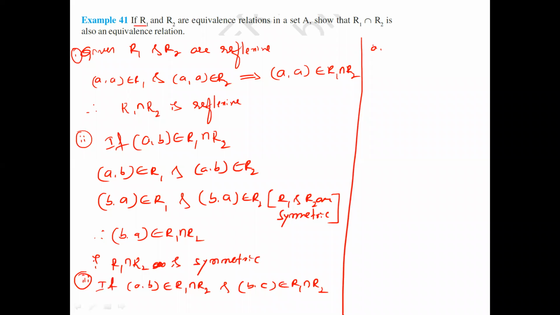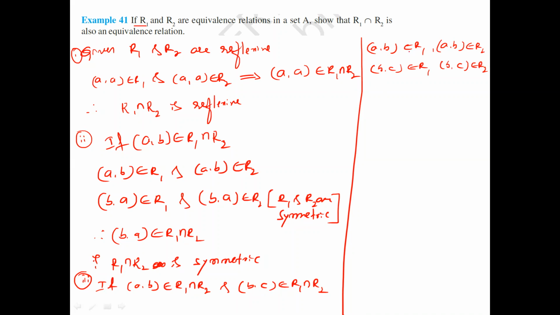(A, B) belongs to R1, and (A, B) belongs to R2. Yes, because it's this one. Next, (B, C) belongs to R1, and (B, C) belongs to R2.